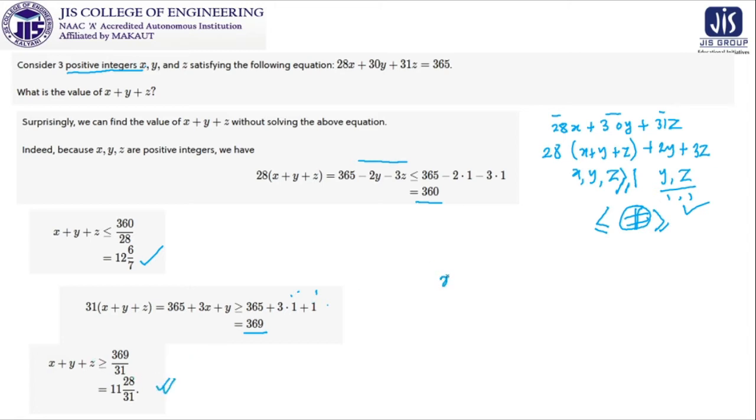So if you write x plus y plus z in this manner, that means it is greater than 11 point something, and less than 12 point something, or you can make it reversed by putting x plus y plus z like this, then it is greater than 11 point something and it is less than 12 point something, and as all of them are positive integers, this value will be 12.